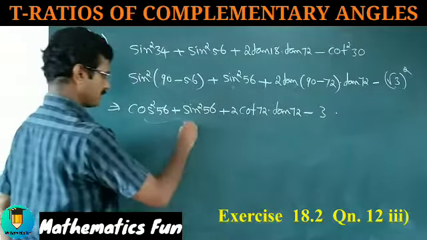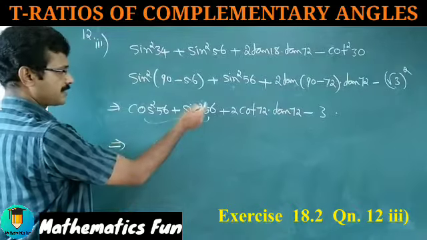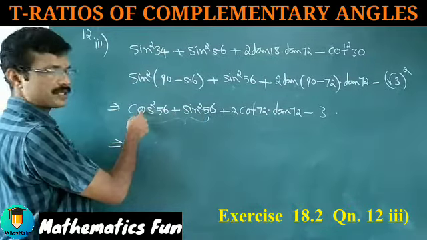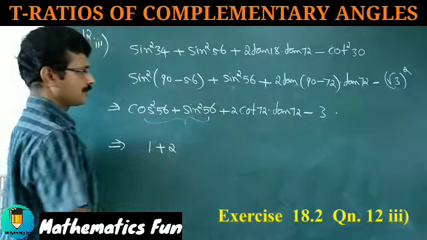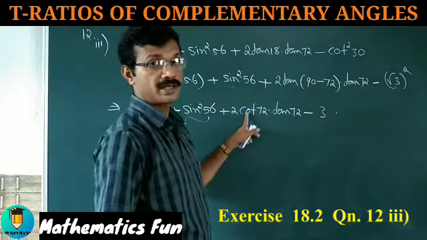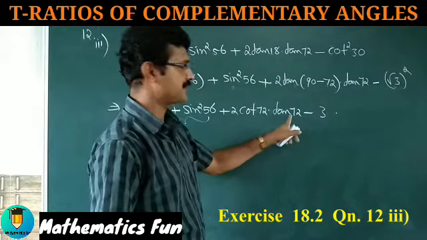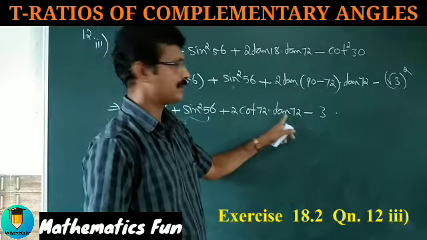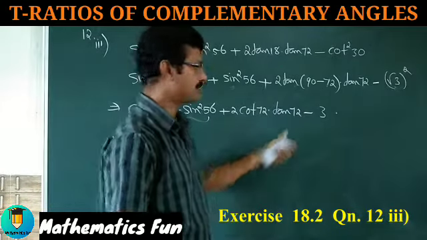Here again we have the trigonometric identity: sin square theta plus cos square theta is 1, plus 2. Cot I can write as 1 by tan, so this is 1 by tan 72, and tan 72 and tan 72 will get cancelled.